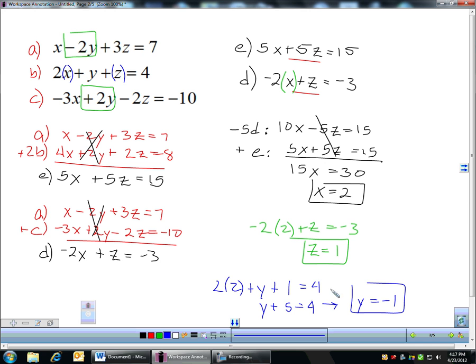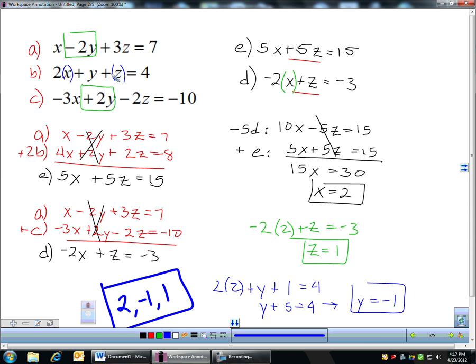So there's your solution, and you could write that as an ordered triple. The final answer is my x coordinate of 2, a y coordinate of negative 1, and a z coordinate of positive 1. And so that would be my final solution.